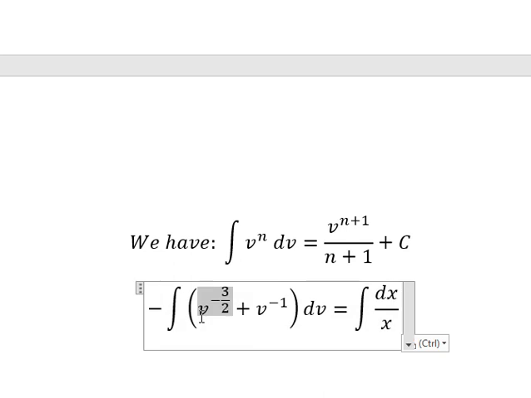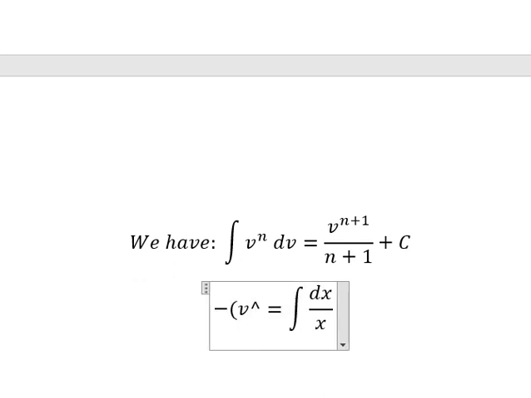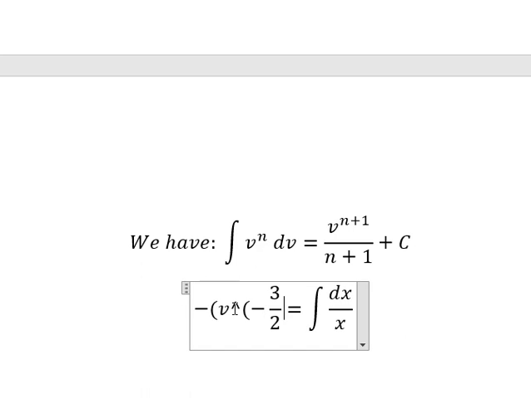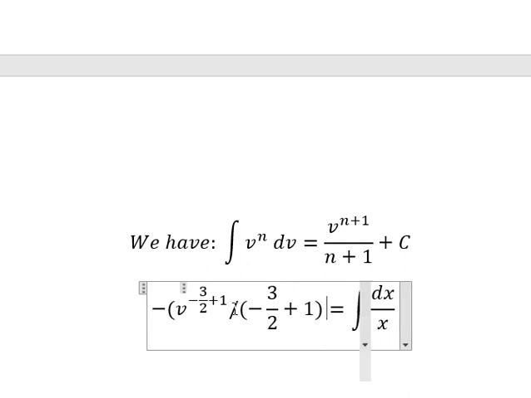The integration of this one, we have v to the power of negative 3 over 2 plus 1, over negative 3 over 2 plus 1.